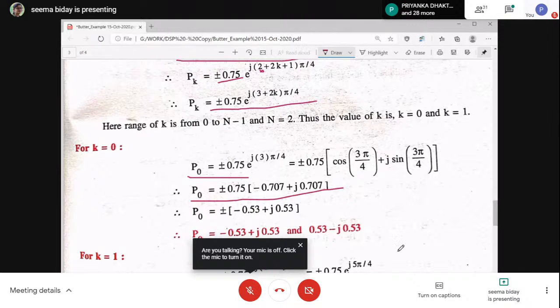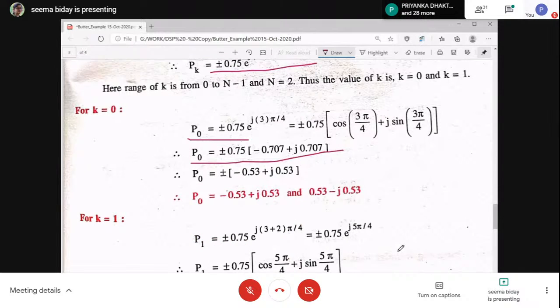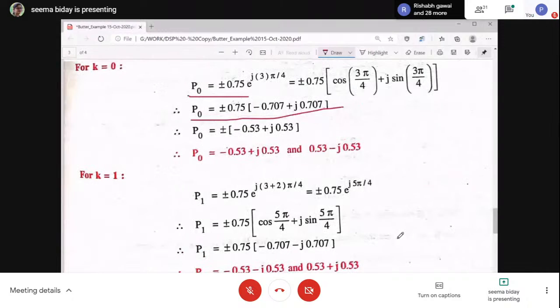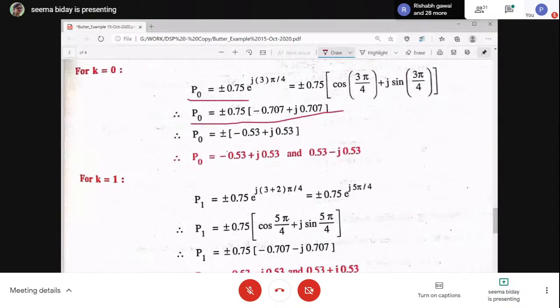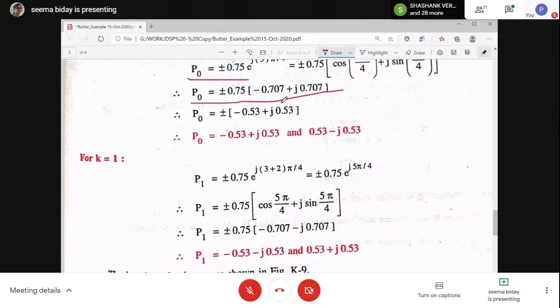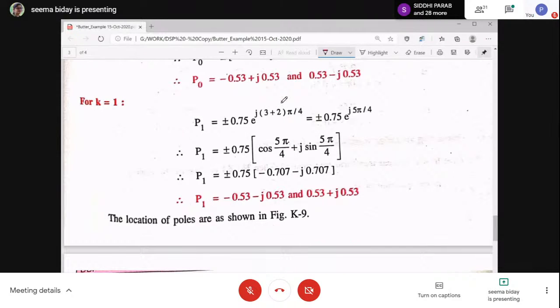Shall I go ahead? If you have any doubt, you can unmute and ask me. All the students, if you are having any doubts, you can unmute and ask me. Is it okay? Are you okay?